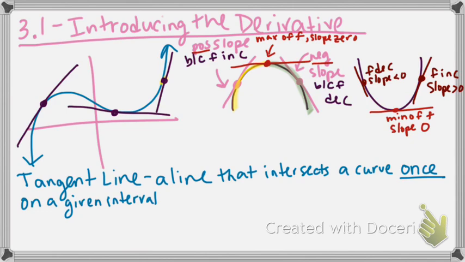Now what happens if I draw pretty much the exact same cubic function that I drew the first time, but now I want to pick 2 points for this line to go through? And we draw our line. Is that a tangent line anymore? Well, no, it goes through 2 points on that given interval. It's not skimming the function like the tangent line did.